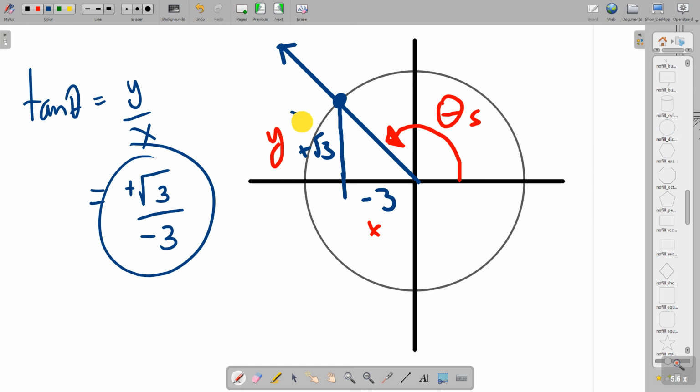By the way, if this is the short side, because root 3 is about 1.7, and this is exactly 3, that actually makes this the 30, because 3 is bigger than 1.7. Makes it the really wide one. I didn't draw it to scale. No biggie.